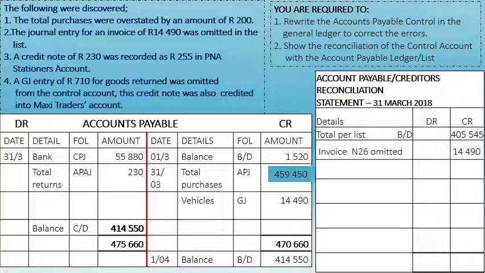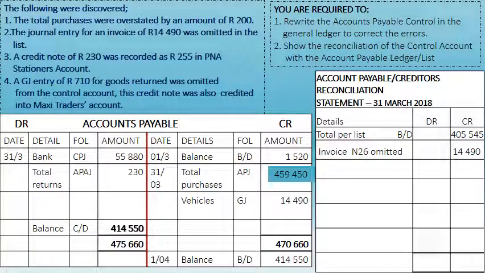Thereafter, we will reflect the invoice which was omitted on the credit side and the amount 14,490. Line number 3, a credit note of 230 rand was recorded as 255 rand in P&A Stationers account. The error is in the creditor's personal account or in the subsidiary ledgers. Therefore, it will be corrected on the reconciliation statement.